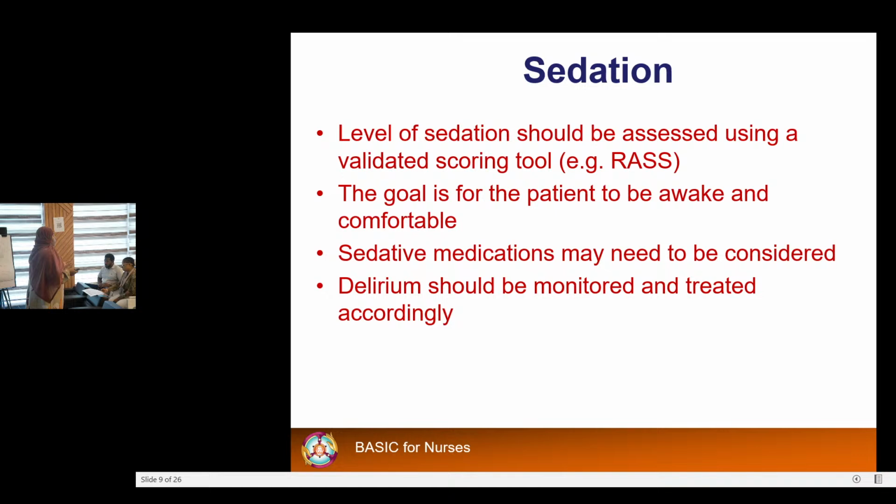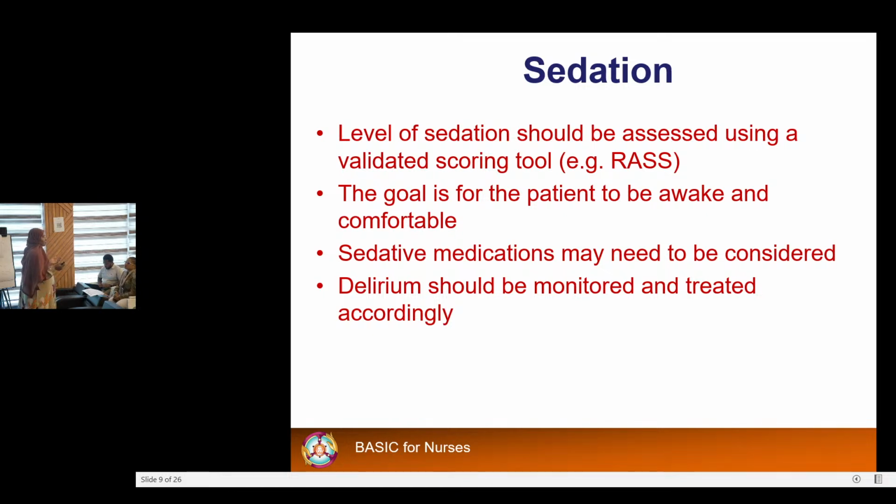So there are so many tools, but what are the general signs and symptoms of pain? Pain we have already covered. I mean, what different components do we evaluate in these different tools?